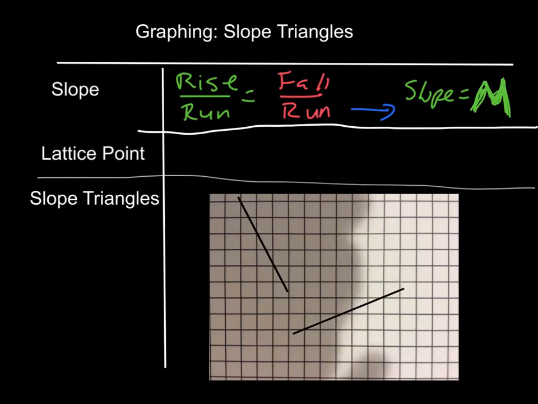Okay, so now when we do slope triangles, we're going to do these a lot. I think it's a great way of finding the slope. You're going to draw a triangle, and here's a couple of things. You always want to start on the left-hand side of your line.